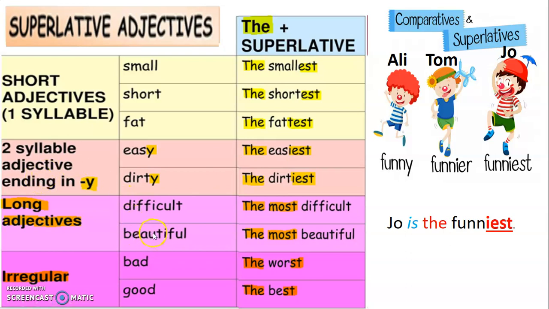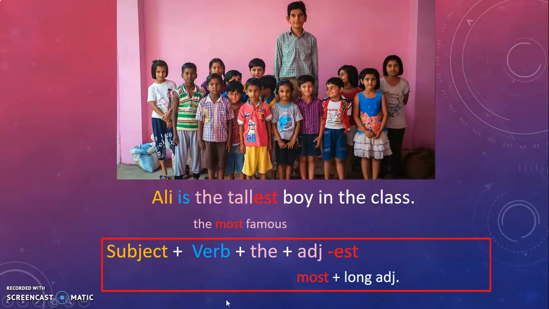Then you have beautiful. How can I use beautiful in the superlative form? So we use the most beautiful. Why? Because difficult, beautiful are long adjectives. For example, you can say Salama is the most beautiful girl in the class. And finally, you have the irregular. Bad becomes the worst, good becomes the best.